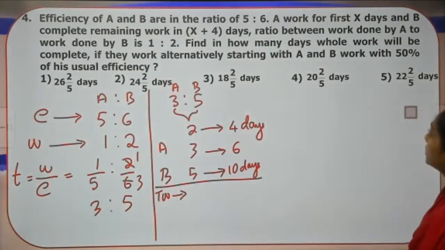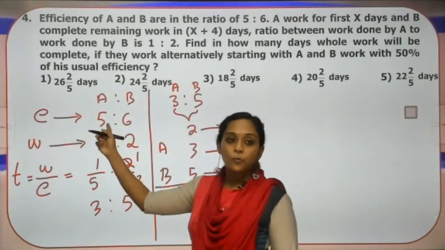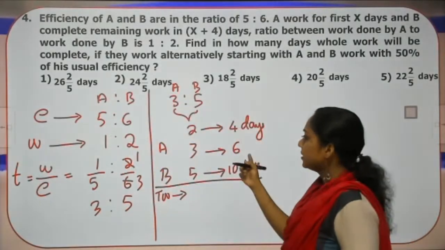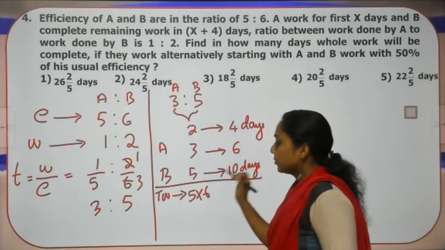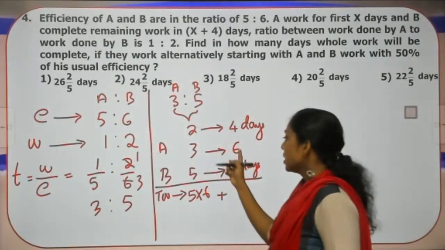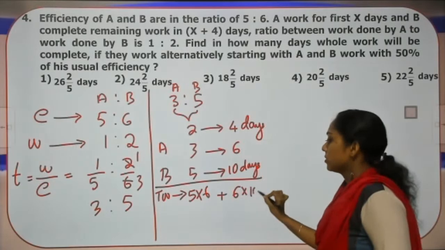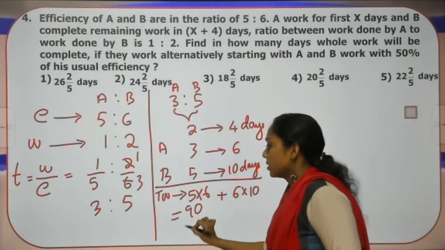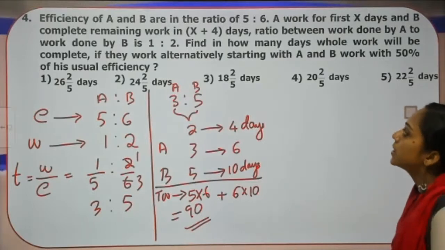A worked for the first X days, so with 5 efficiency, A worked for 6 days, plus next with 6 efficiency, B worked for 10 days. So that is 5 into 6 plus 6 into 10. So the total work is 90. Keep that in mind, our total work is 90.